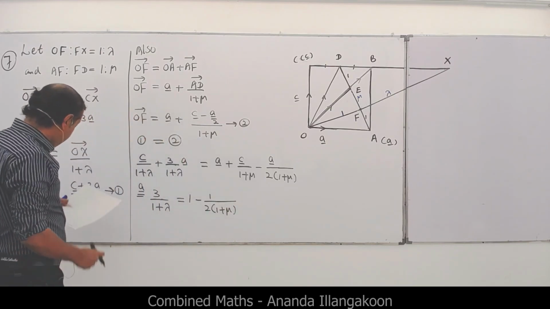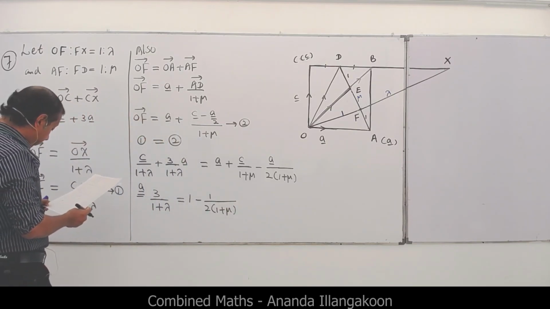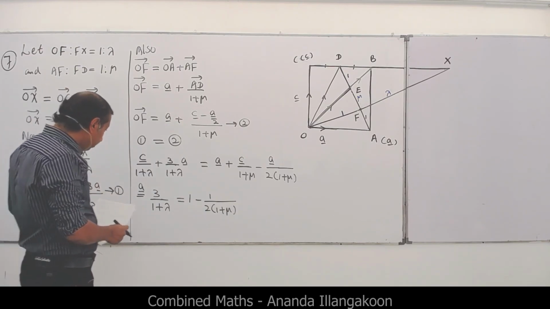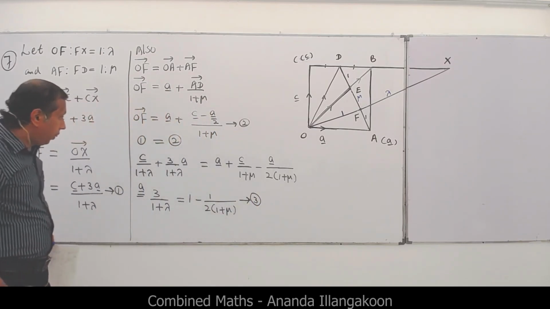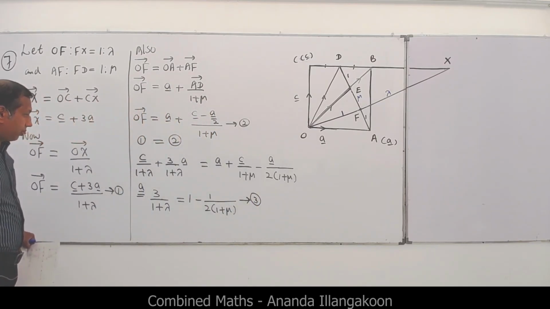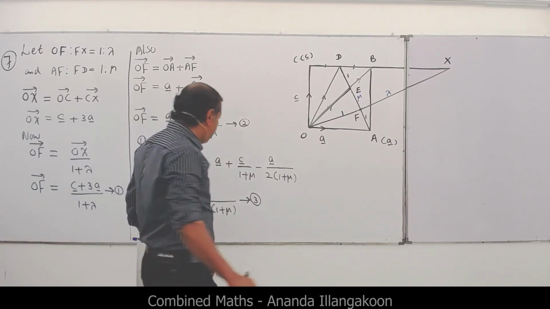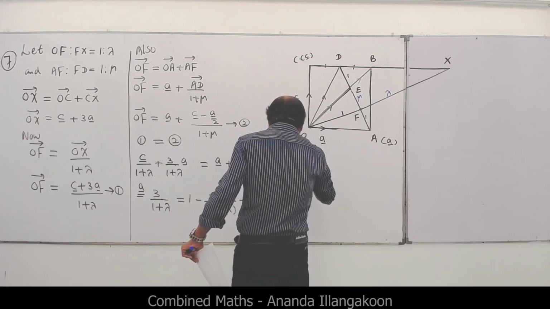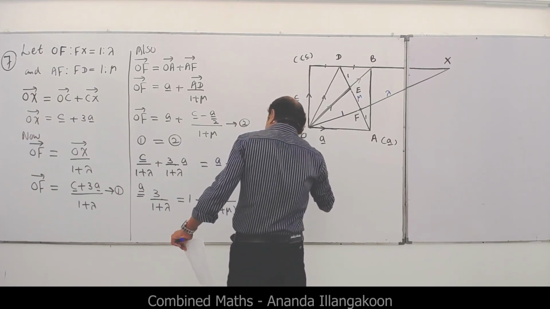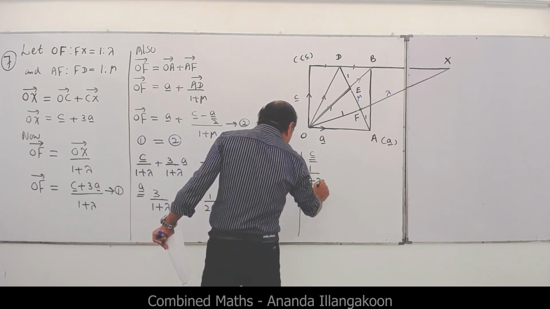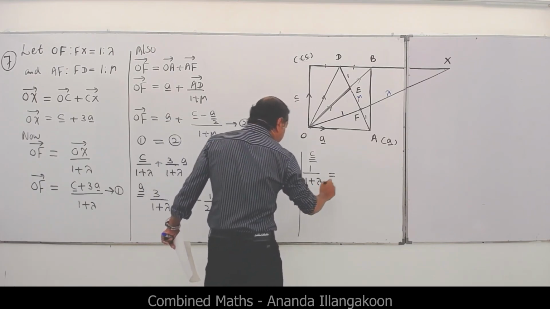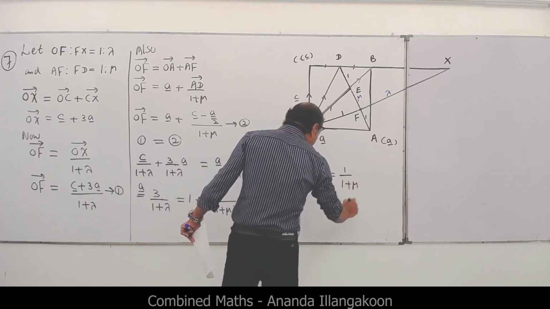Okay, right. This is the first equation, equation number 3 therefore. Then secondly we will equate the coefficients of c, right? Equating coefficient of c on both sides, 1 over 1 plus lambda equals, right hand side, 1 over 1 plus mu.